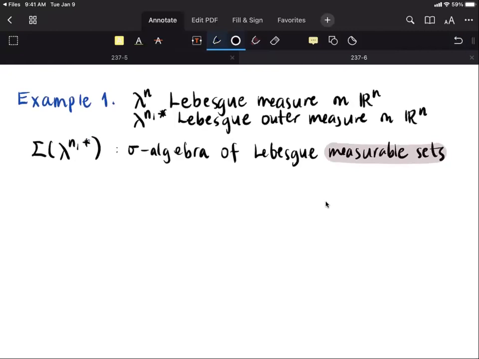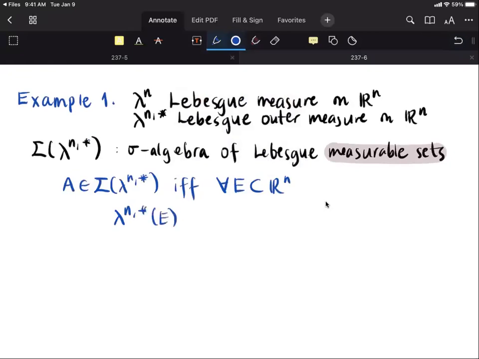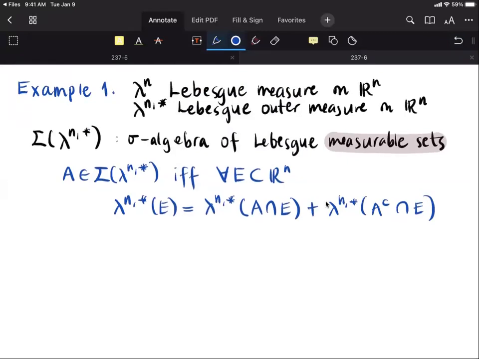That is, A is Lebesgue measurable if and only if for any subset E in R^n, the outer measure of E is equal to the outer measure of the elements in E that are also in A, plus the outer measure of the elements in E that are not in A. So these are Lebesgue measurable sets.